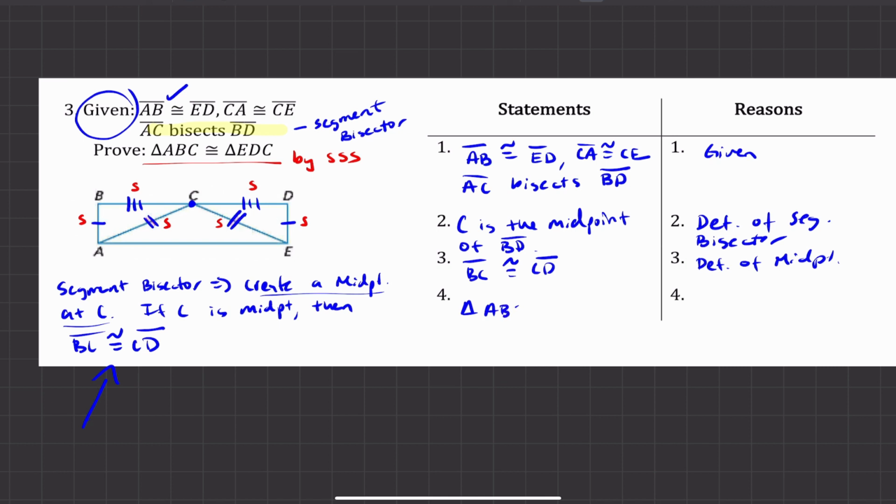Triangle ABC is congruent to triangle EDC by, well, what did we say? We said this. Side, side, side. Okay? So this video is an example of a proof where you're dealing with a segment bisector.